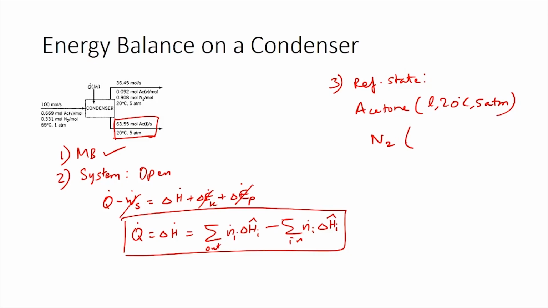The table uses a reference state of gas, 25 degree Celsius and 1 atmosphere. With this I would be able to use values directly from the table rather than perform the calculations myself. This will make my life a lot easier when I quantify specific enthalpy changes.